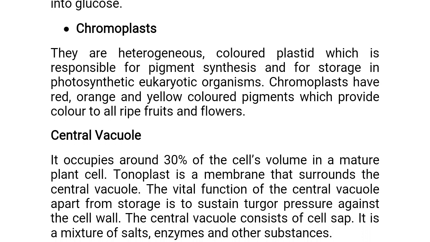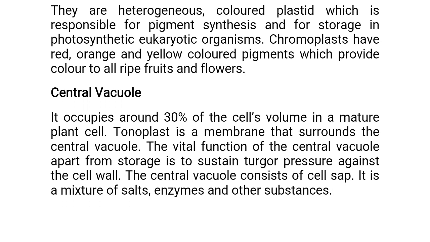You can see yellow, red, and other colors. So these colors are called the chromoplasts. These are other pigments, and they are very essential because they help in the ripening of fruits and flowers.